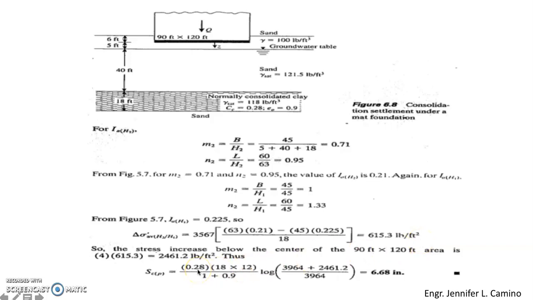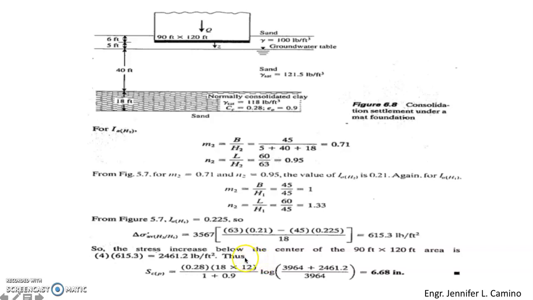Since we now have the stress increase below the rectangular area, the stress increase below the center of the mat foundation is 4 times this average, and that gives us 2,461.2 pounds per square foot.